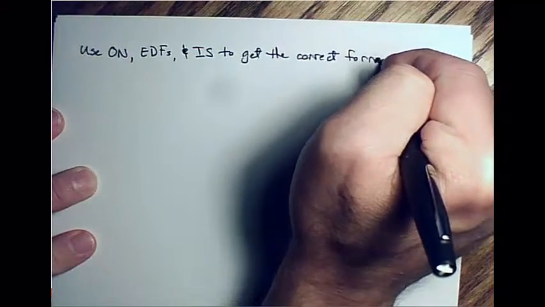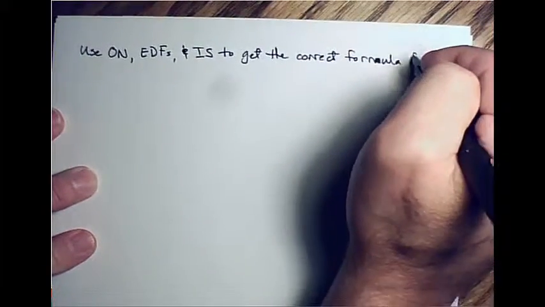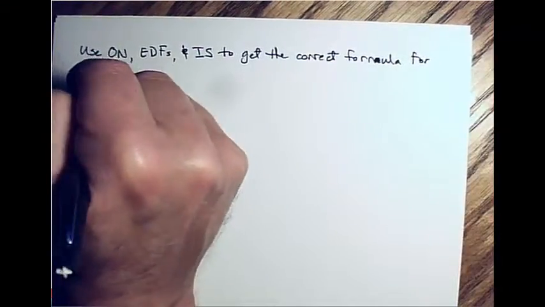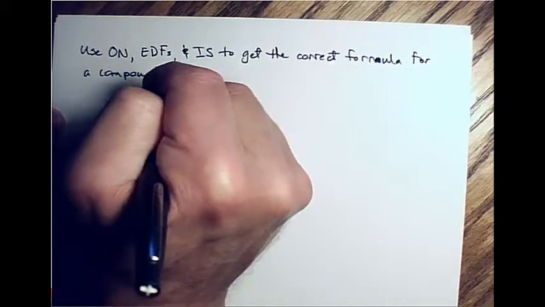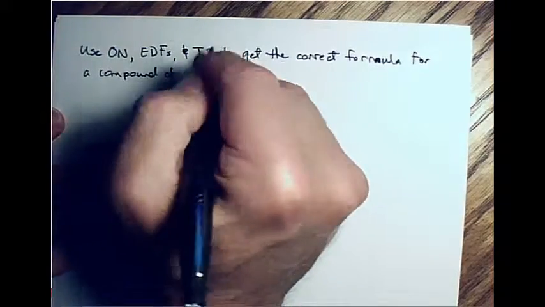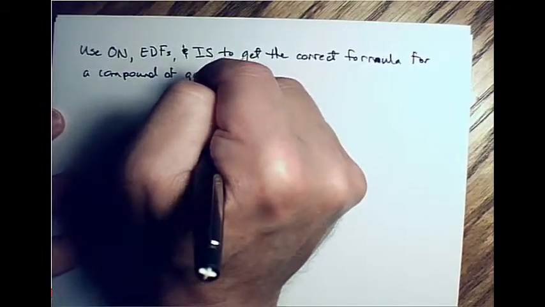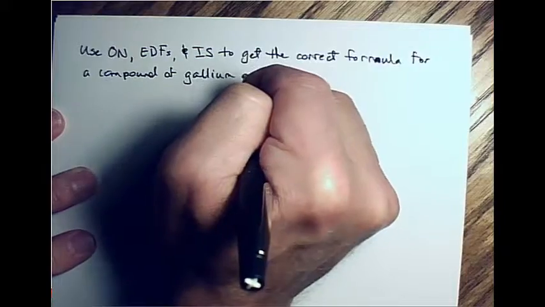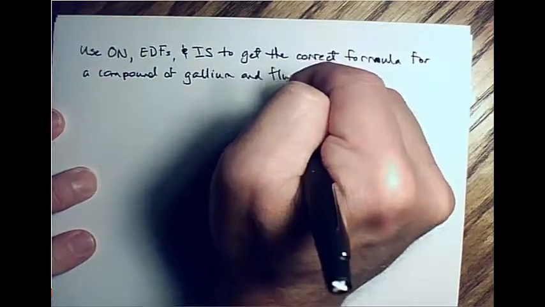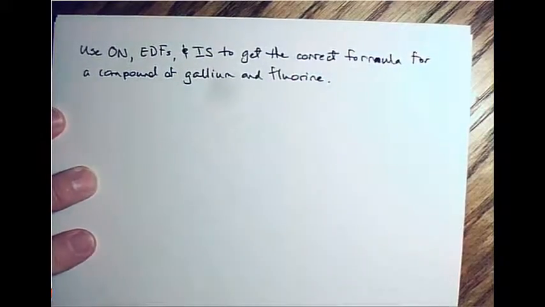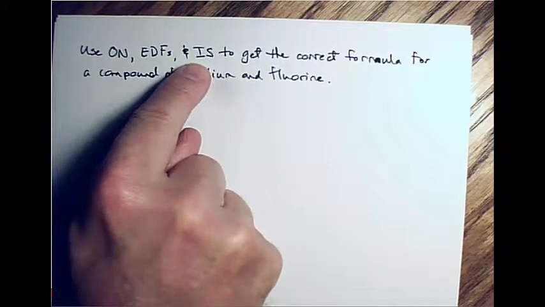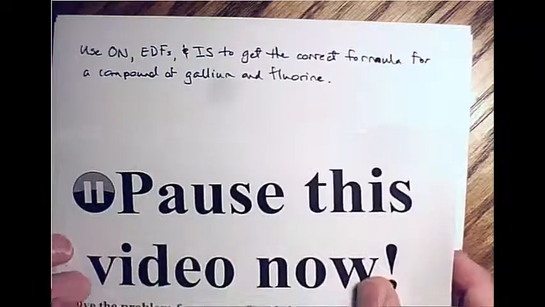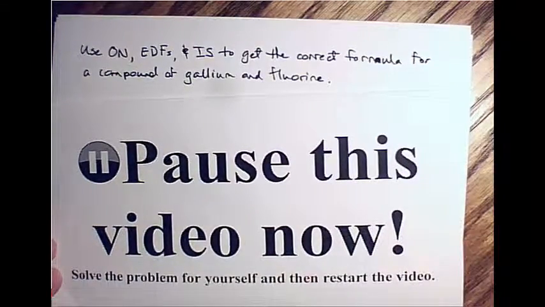I can write the word formula here for a compound of gallium and fluorine. Okay? So we're going to use orbital notation, electron dot formulas, and ion symbols to get the correct formula for a compound of gallium and fluorine.